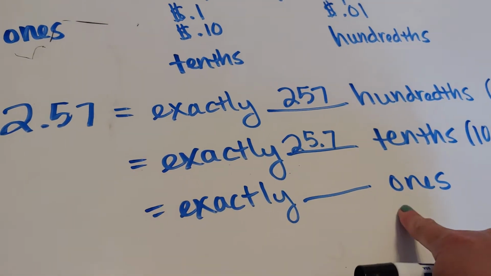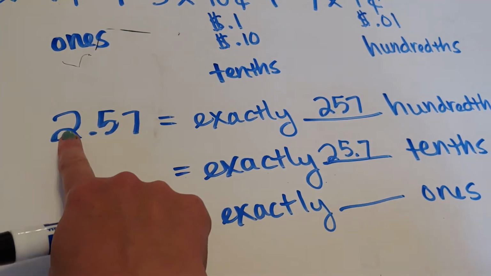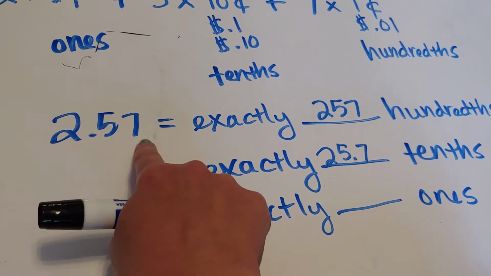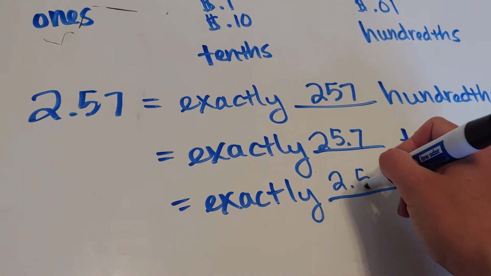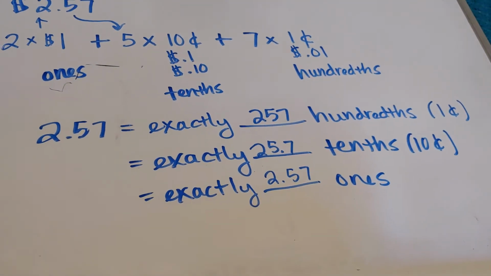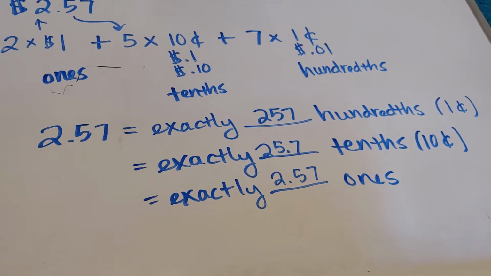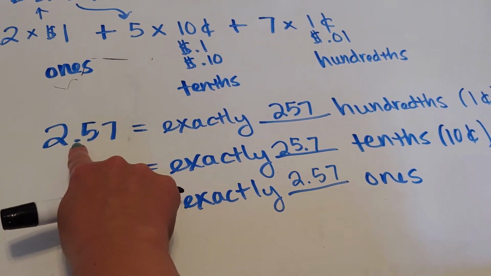All right, how about ones? Ones, whole dollar bills. Well, I have 2 dollar bills and a fraction of a dollar bill. So this would just be 2.57.